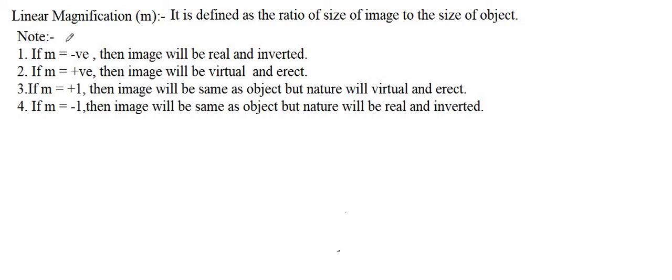And last, if the value of m is -1, then the size of the image is again the same as the object, but here the nature of the image will be real and inverted. So it is very clear that from the value of magnification we can easily identify the nature of the image.